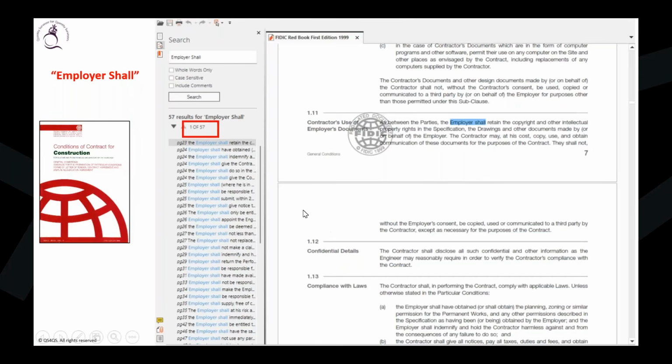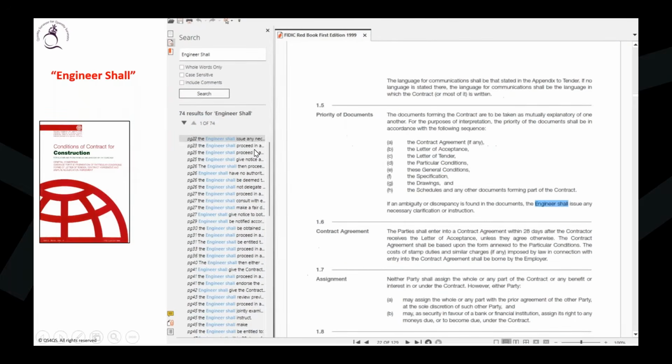When I search the FIDIC Red Book for employer shall, how many points are captured here? How many wordings are there about employer shall? Can you see that? Counted how many? 57, right? It's got 57. I did the same exercise for engineer shall. How many obligations for the engineer are captured here? 74. So 57 for the employer, 74 for the engineer.